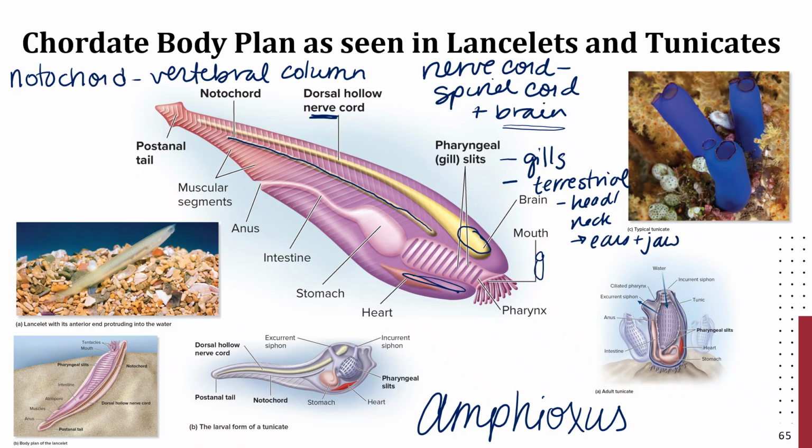So the development of these structures is going to be just a little bit different depending on what organism we're developing into, but we're going to see those pharyngeal slits as well. The embryos do show pharyngeal slits, but they eventually develop into the ears, the inner ear, and the jaws.